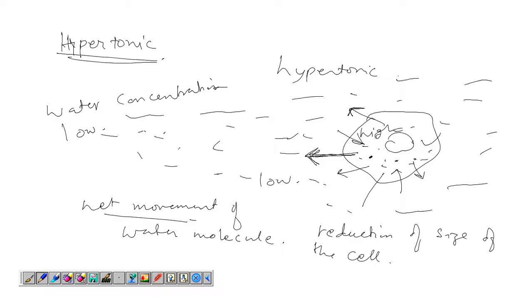If there is no change in the concentration of water inside or outside, it means there is no net movement of water molecules. So net movement is like the resultant movement. So these are the three types of solutions.